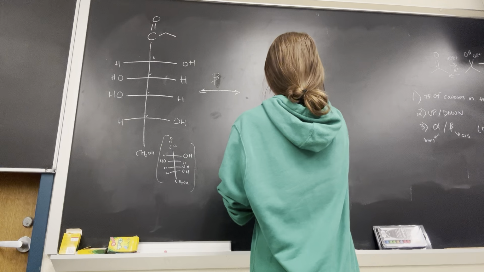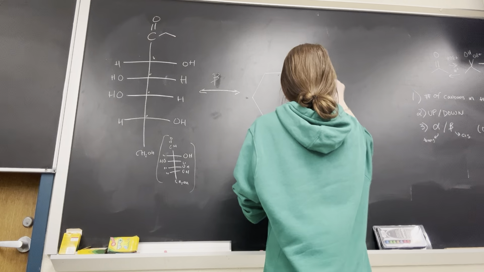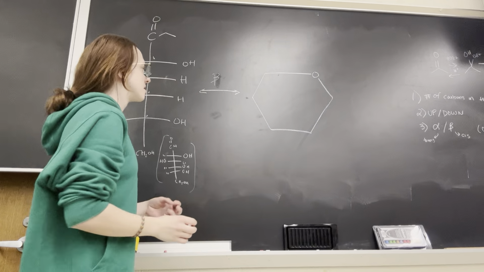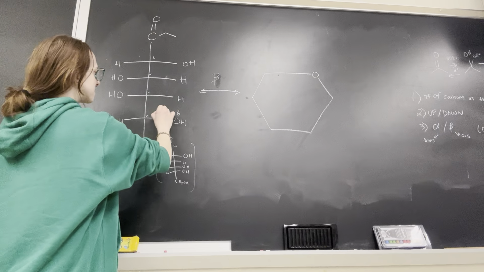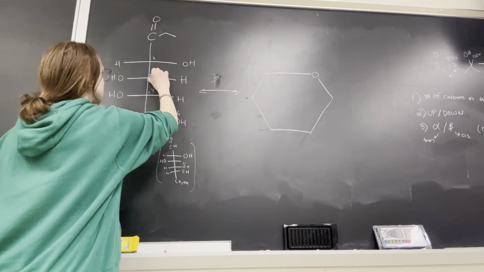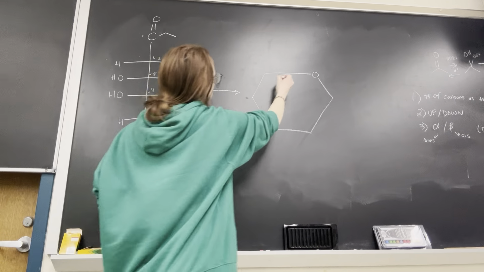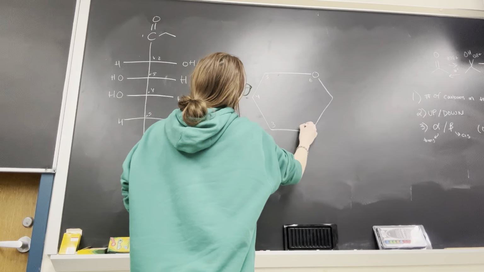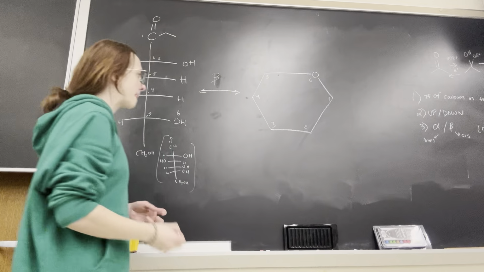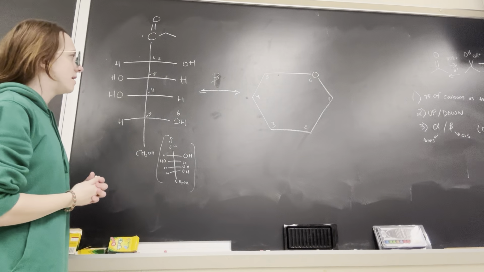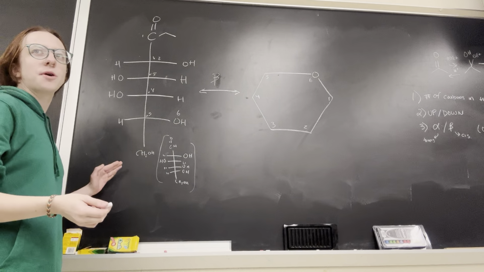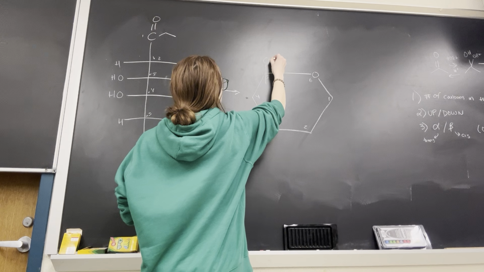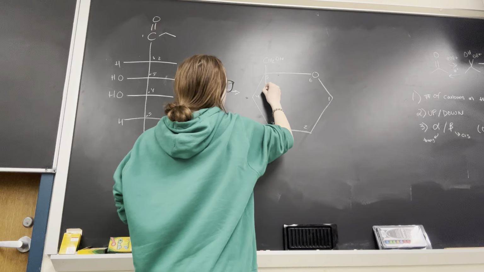Anyways. Again, it's the same base each time. Same formula. 6, 5, 4, 3, 2, 1. And we always start with the CH2OH. It's a D sugar, so it's going to go up.